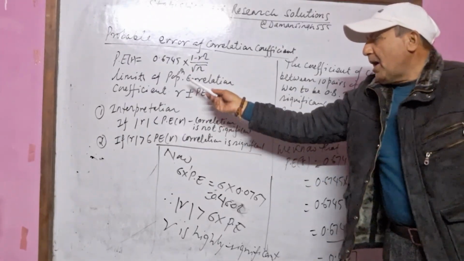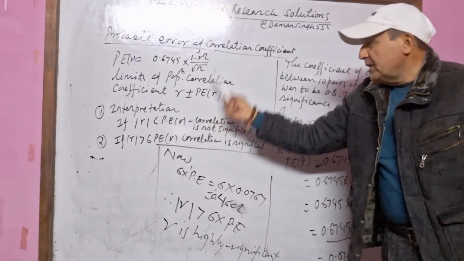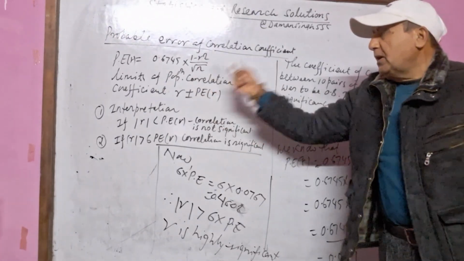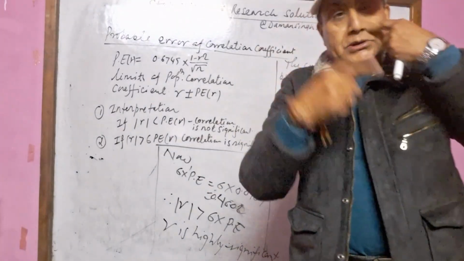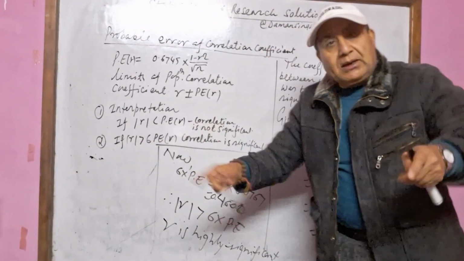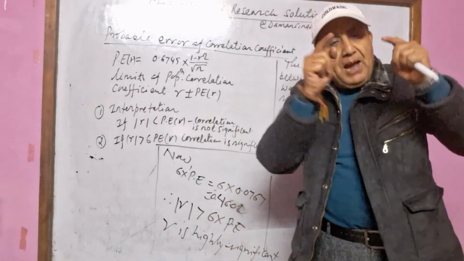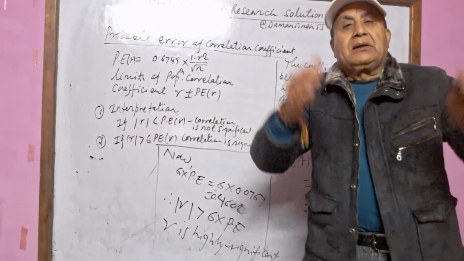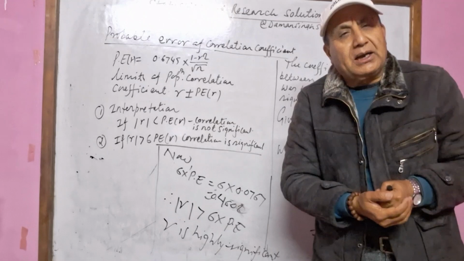In the case of lower limit, you subtract PE from R. In the case of upper limit, you add PE to R. In this way, you can get the lower limit and upper limit of population correlation coefficient. It is not difficult. So remember this formula, and after that 6 times PE. If the value of R is greater than 6 times PE, then it is highly significant. Otherwise, it is not significant.